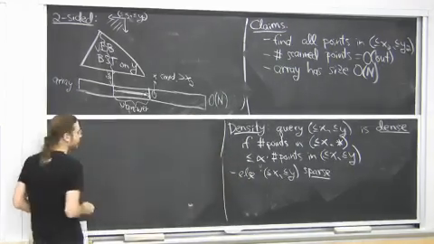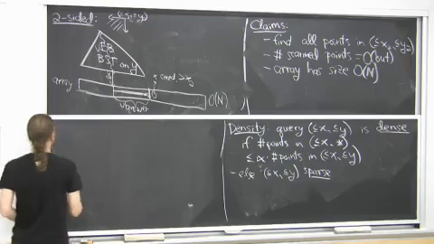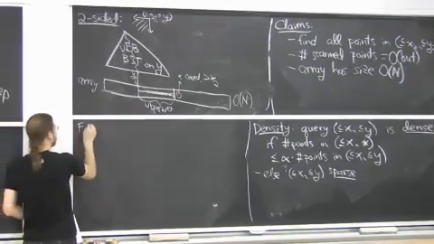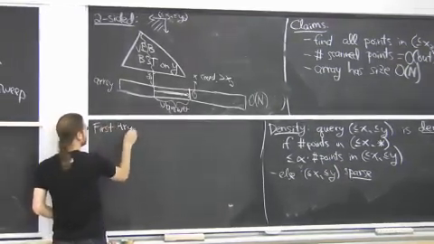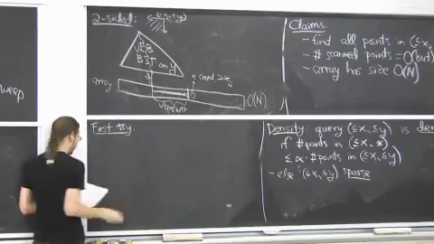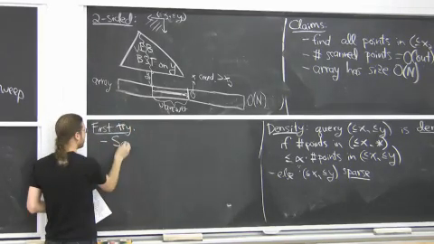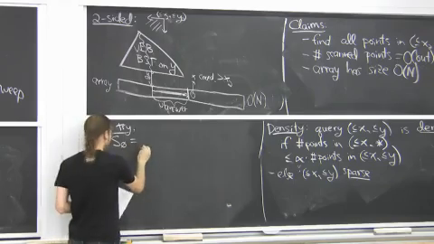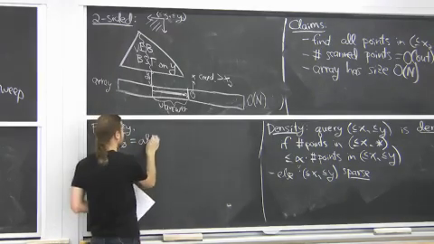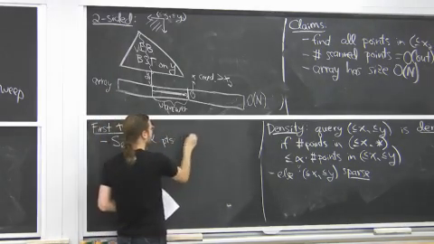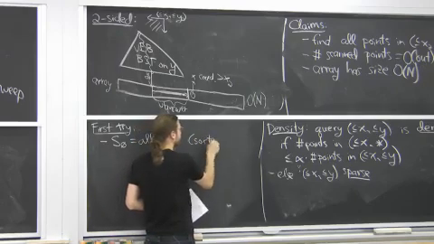Okay, so we're going to actually try to solve this problem twice. The first try isn't going to be quite successful, but it gets a lot of the right ideas. So I'm going to let S0 be all the points, sorted by x.